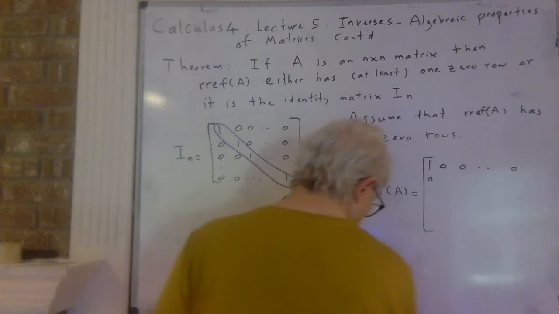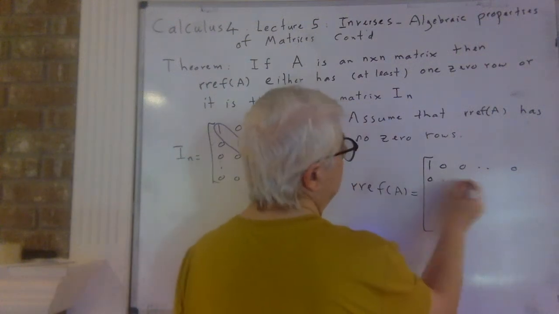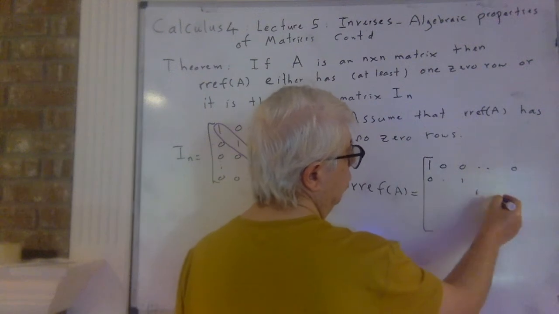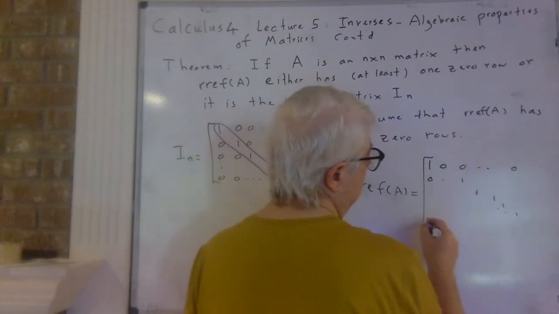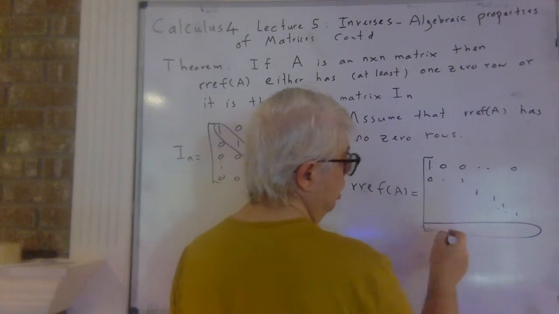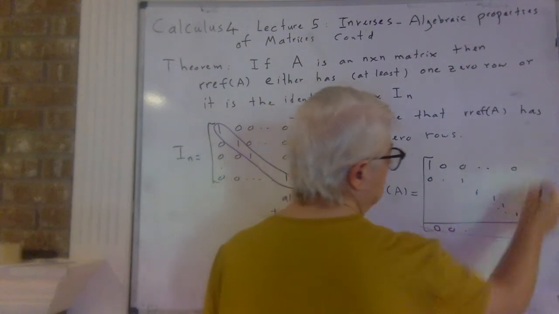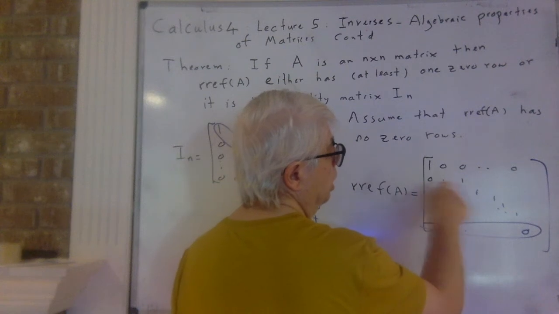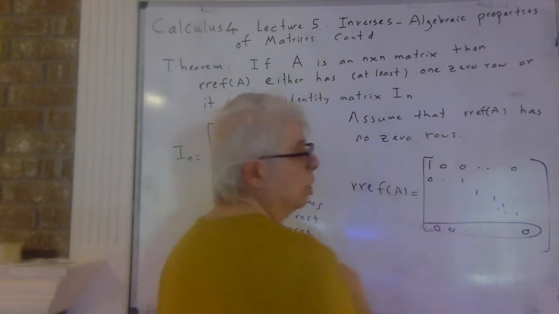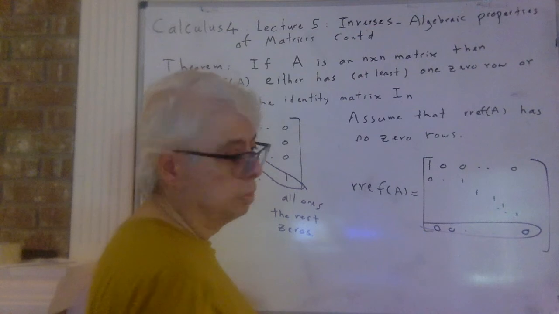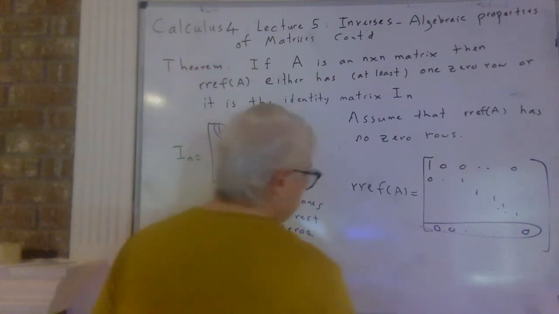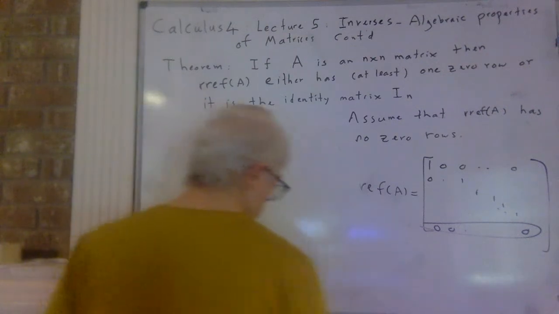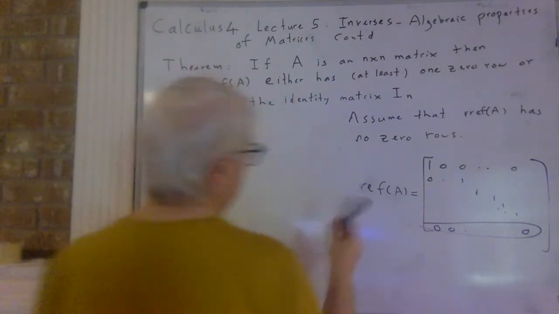If the leading one is not here, say it's here, then the rest of the leading ones end up here at least. So the last row will be 0. If the first leading one starts here, not here, on the second position. Well, let me give you an example of this thing.